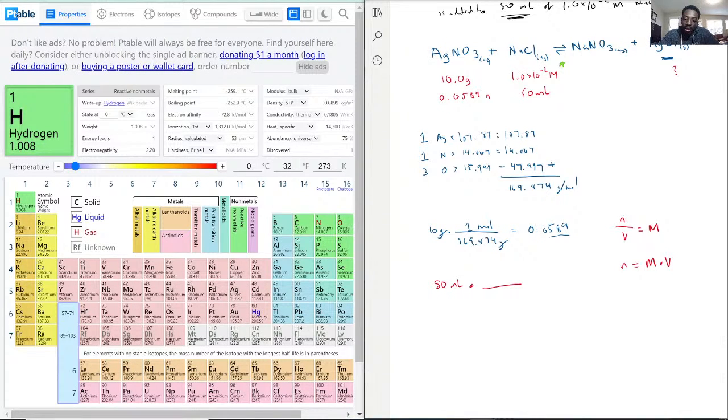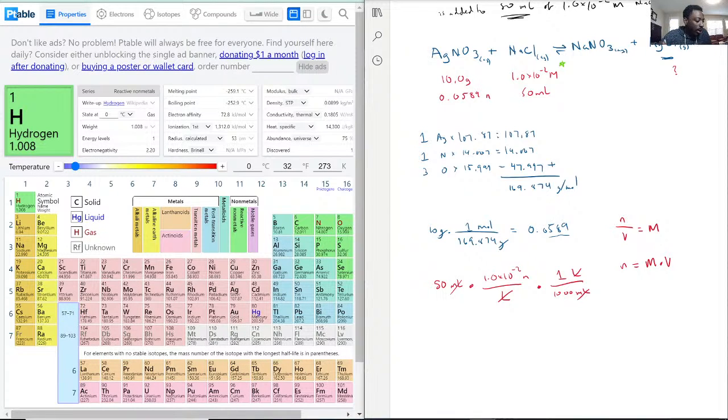So we have 1.0 times 10 to the negative 2 moles per liter, and 50 milliliters. To make sure we cancel out milliliters, we use 1,000 milliliters equals 1 liter. So the liters cancel, the milliliters cancel, and all we're left with is moles.